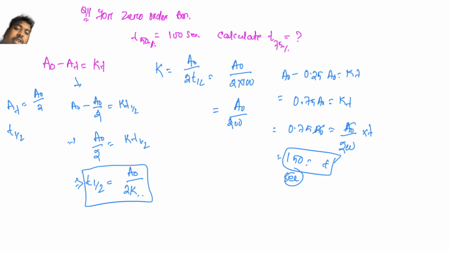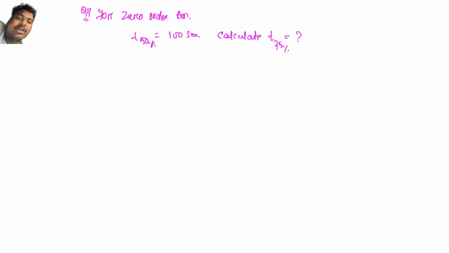So this is what we have worked out by formula. Now with the help of the unitary method we are going to calculate. Remember, the unitary method only works in the zero order reaction. So by the unitary method, for t50% it is 100 seconds.